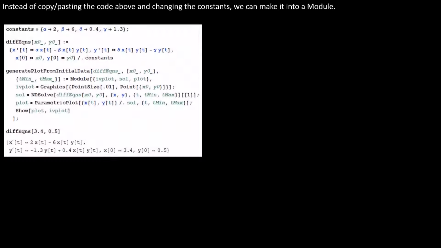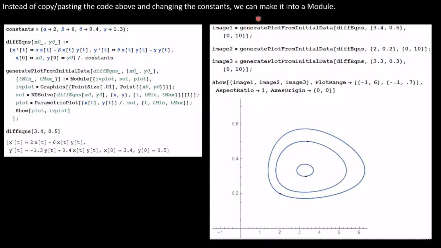So I created a function called generate plot from initial data. And it's a convenience function that allows us to plot these things using only one line of code instead of 5. But I actually found something online called pplane. There's a link to it on my website and in the description of this video, if I remember. So definitely Google pplane.